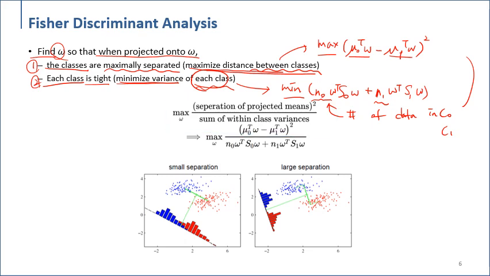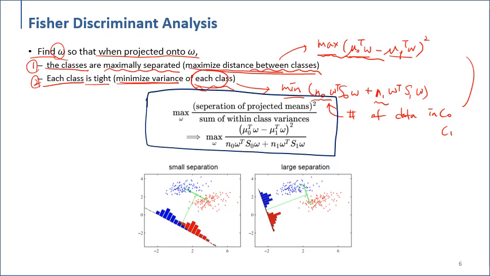We can rewrite these conditions by considering both cases. If we want to maximize the first condition, we maximize the separation of the projected means squared, and by minimizing the second, we use it in the denominator, the sum of within-class variance.